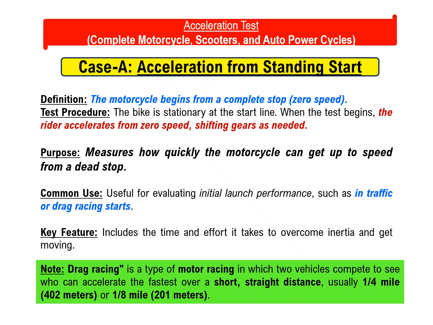Its purpose is to measure how quickly the motor vehicle can get up to speed from a dead stop. Its common use is to evaluate initial launching performance, such as in traffic or drag racing starts. It includes the time and effort it takes to overcome inertia and get moving.